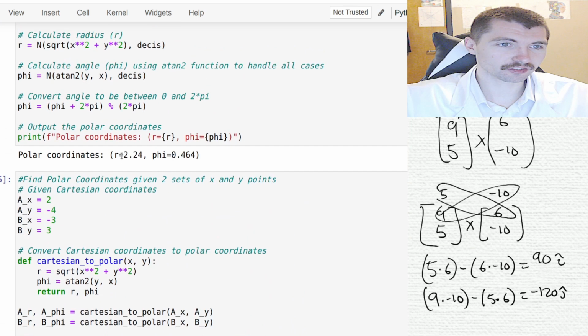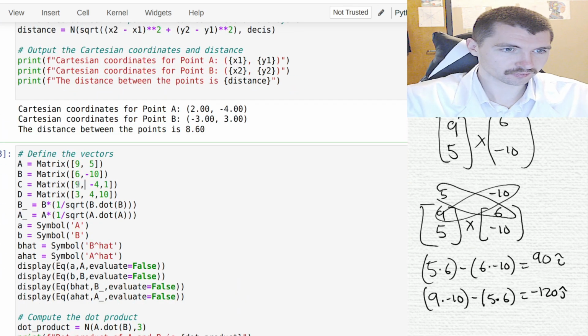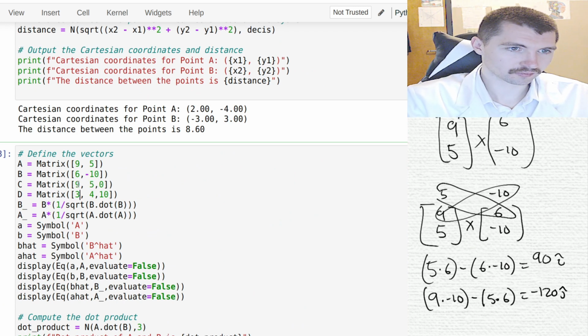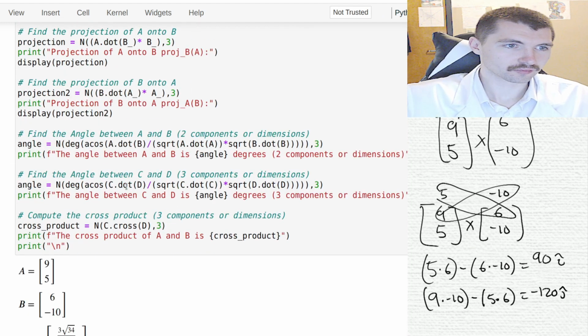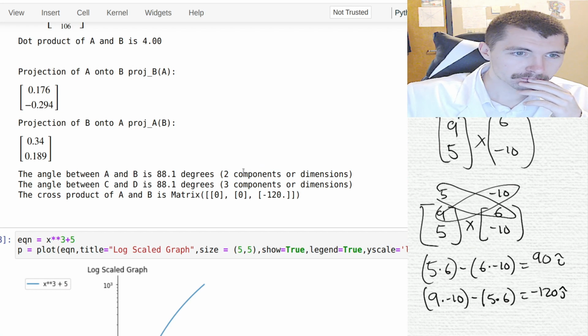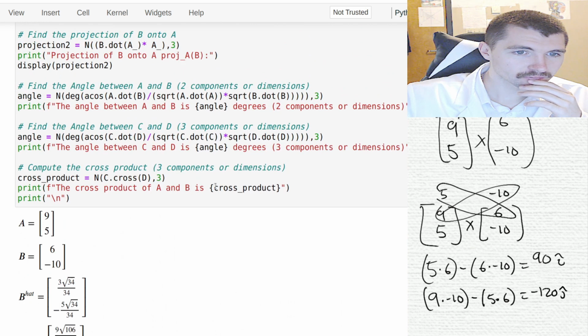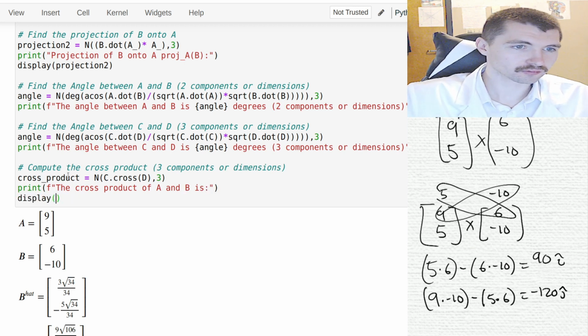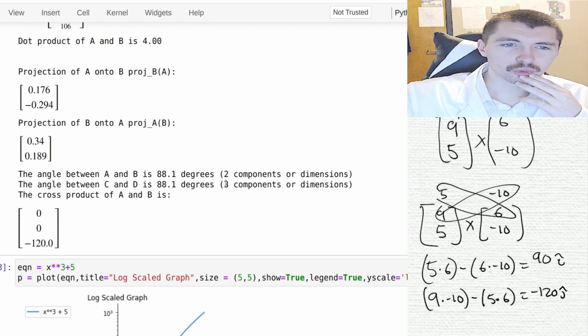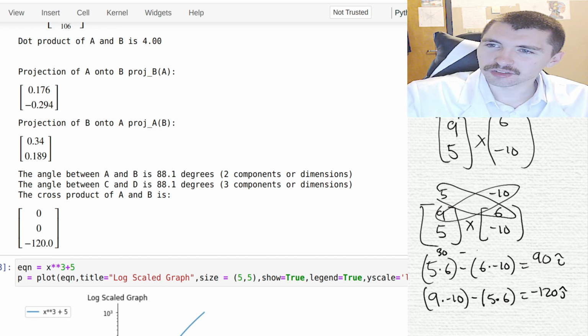C cross D, so 9, 5. Let's check our math. We did 5 times 6 is 30 minus 60.